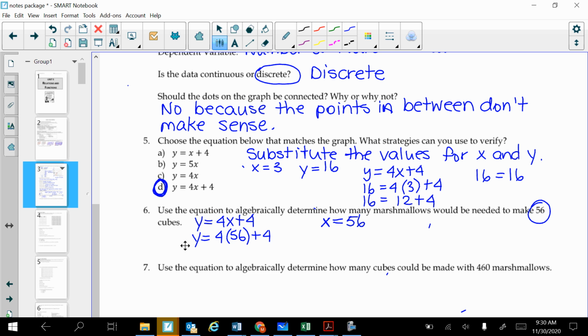Now you can throw this into your calculator. I'll give you a second to do that while I get my calculator going. 4 times 56 plus 4 gives me 228. Now, I need to finish off with a sentence. So, 228 marshmallows are needed.